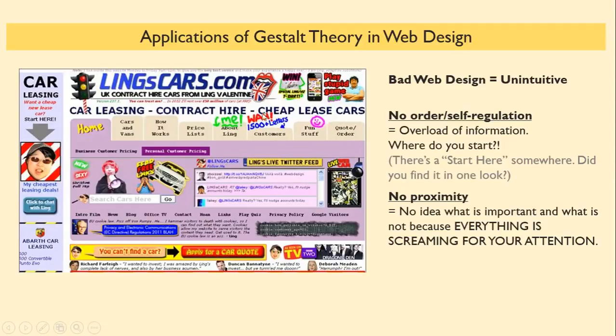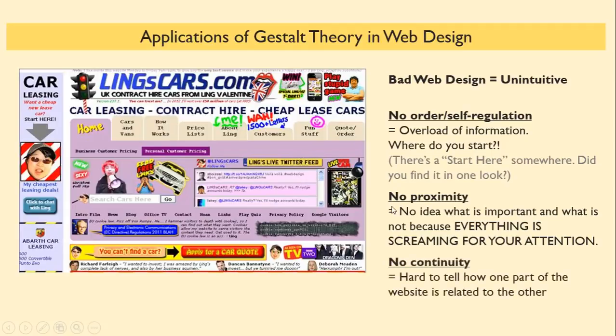Is that what pops up when you put your mouse over it? Anyway, if it does, I wouldn't dare pay too much attention to it, because it's just adding more information to a very busy web page already. And lastly, there is hardly any continuity because this thing seems to be standing on its own.